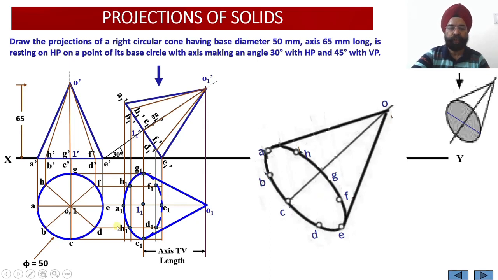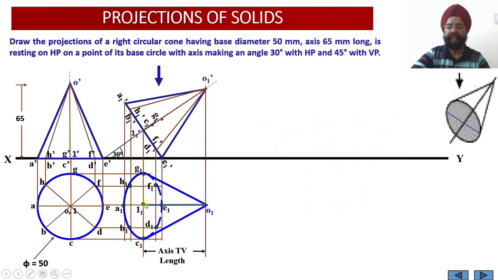Then having drawn this ellipse, now I have got the point O1. From O1 I am going to draw a tangent towards G1, and from O1 a tangent towards point C1. Next, another thing is observed: the true length of the axis was O1' 1', whereas it is inclined to the horizontal plane, so its projection on the horizontal plane is O1 and 1 1.